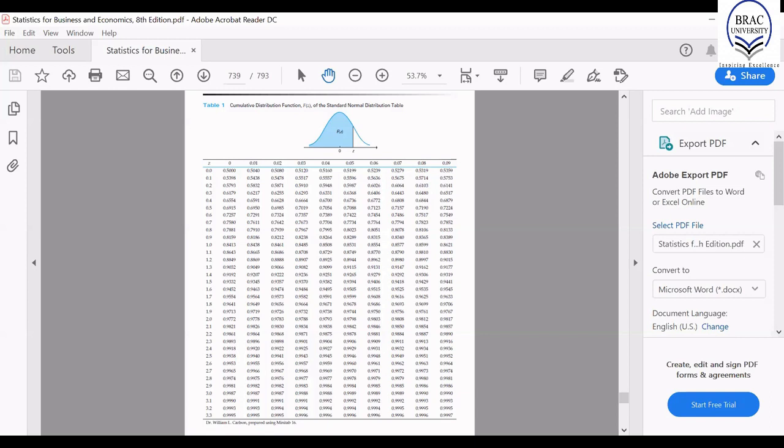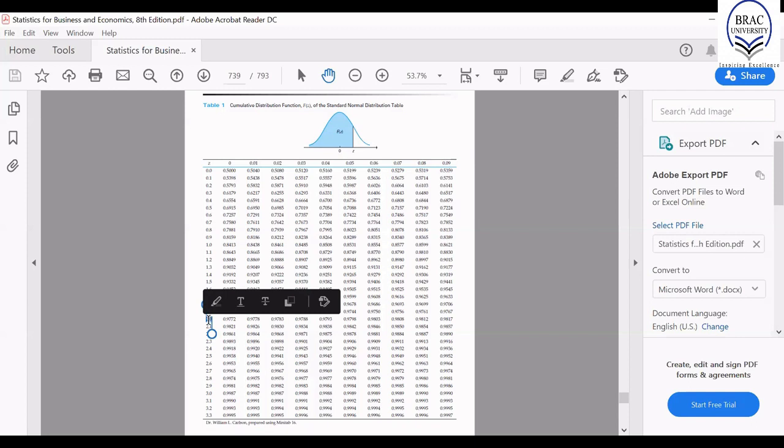Now, the number that we have to look at, how do you find that? We have to search for a Z of 2, right? Our number is 2. So let's look for our outcome 2. You will always take a look at the first column at first and then go to the first row if necessary. We will at first find 2 in the first column.